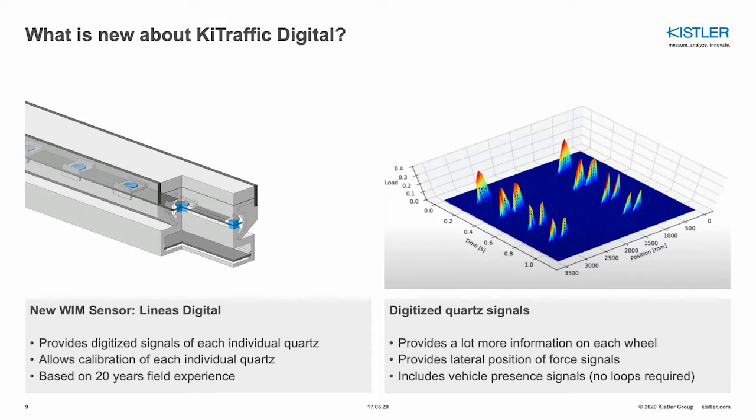It has single tires on the steering axle and dual tires on the 3 remaining axles. And last but not least, you don't see loop signals here. And that's correct. Loops are not required anymore, as the Linneus Digital sensors detect vehicle presence on their own. Vehicle classification, therefore, can be based on axle spacing and tire types and does not require any loops anymore.